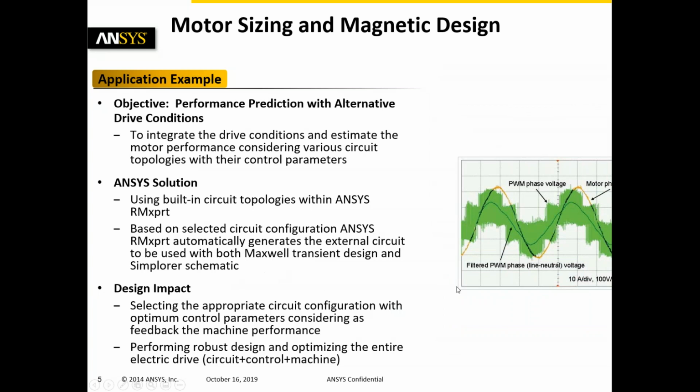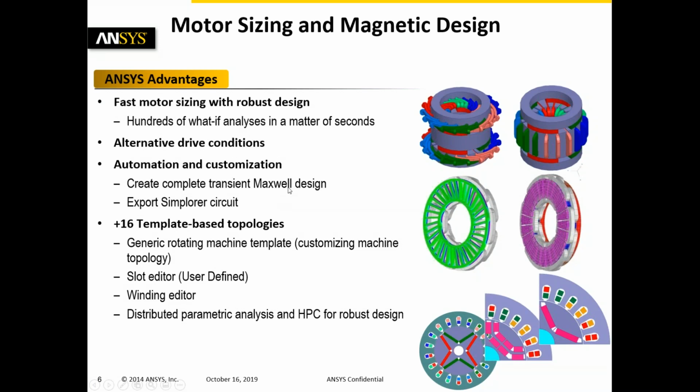As we can see, there's a filter, the pulse width modulator, voltage feed in, and then we can see the PWM phase voltage as well as the motor phase current. That's 10 amperes per division. So this is just the general presentation.